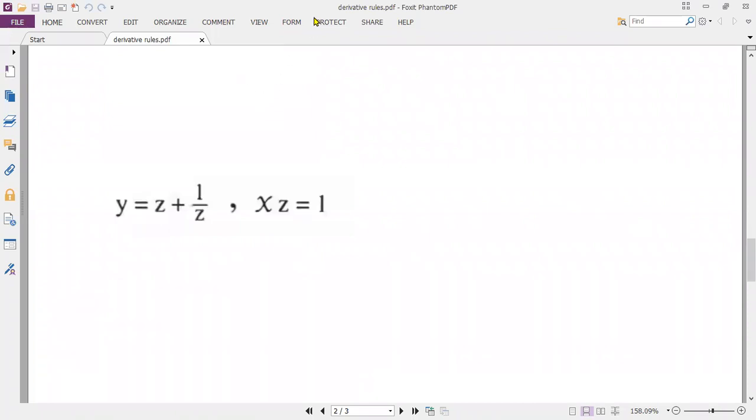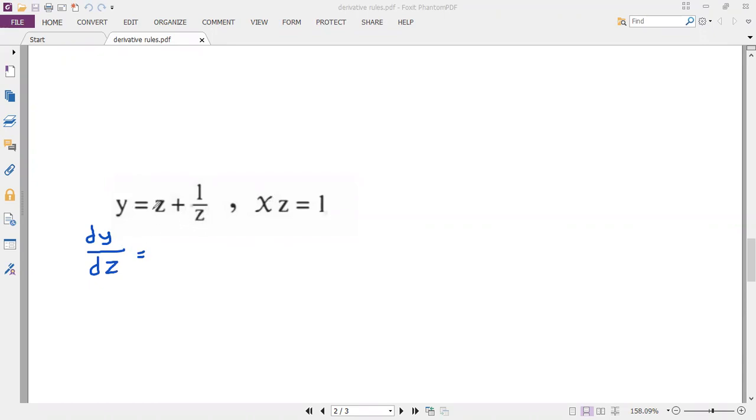What if we have two functions here, and y is equal to z plus 1 over z, and xz equals 1? In this case, because it's a relation between y and z, we can find dy over dz. And what is dy over dz here?